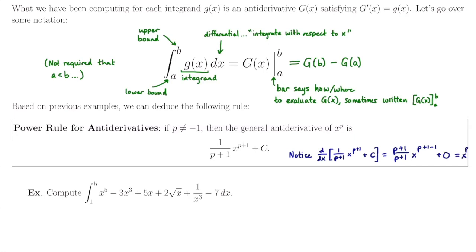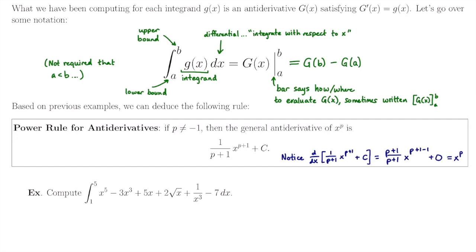Okay, so now let's run through this example down here where we have many terms added and subtracted together. I've got some constants in there, so we'll use those two properties of antidifferentiation that we already talked about, and then we'll use the power rule in every term.